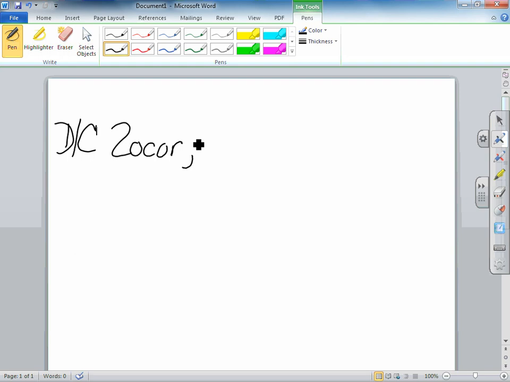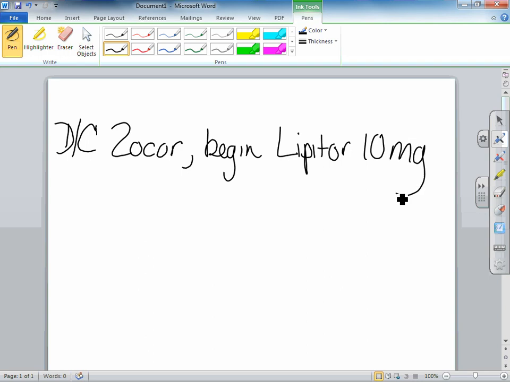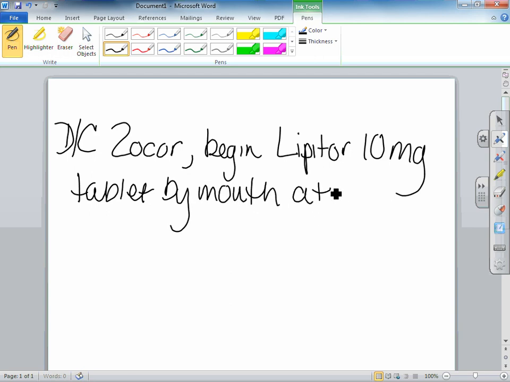And then I'm going to say begin, because that's basically what they're doing. They're stopping Zocor and they're going to begin Lipitor 10 milligram tablet by mouth at bedtime.